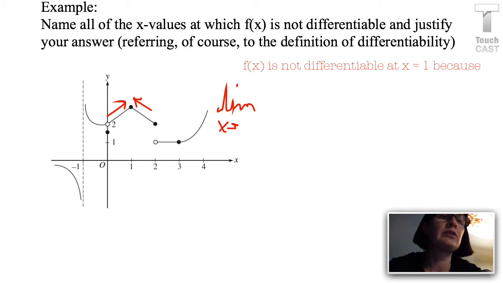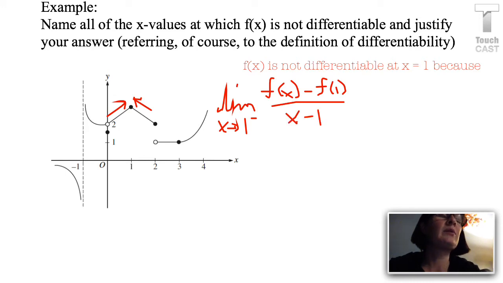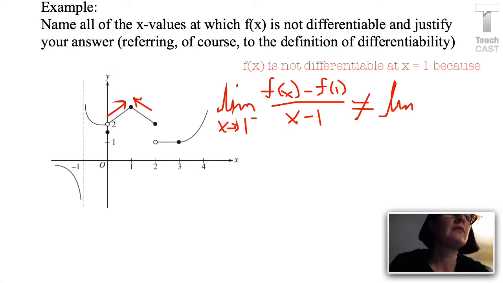as x approaches 1 from the left of f of x minus f of 1 over x minus 1. Remember, that's our alternative definition for the derivative at a point, is not equal to the limit as x approaches 1 from the right of f of x minus f of 1, all over x minus 1.